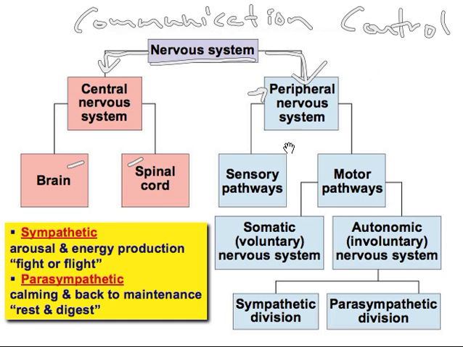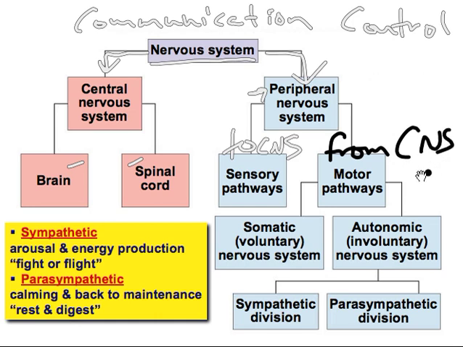When you're sensing things, like when you're hearing my voice and seeing this particular video, those are all sensing, and so your sensory pathways deliver that information to the central nervous system. So that's the direction. Sensory pathways carry messages to the central nervous system. Motor pathways carry messages from the central nervous system.